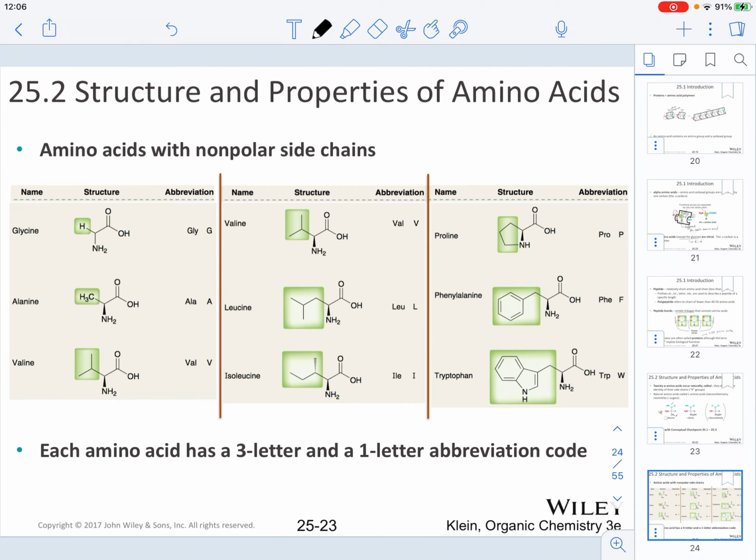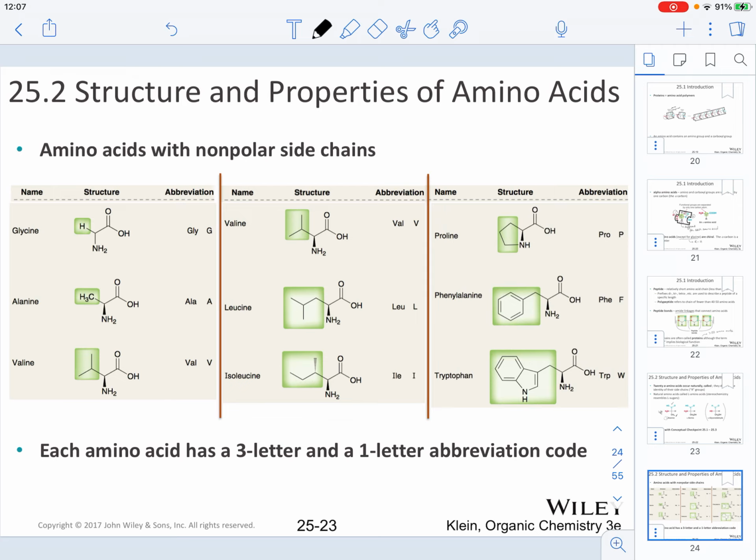When it comes to the amino acids, they can actually be grouped by the polarity of their side chains. So here we have the amino acids that are known as non-polar side chains.